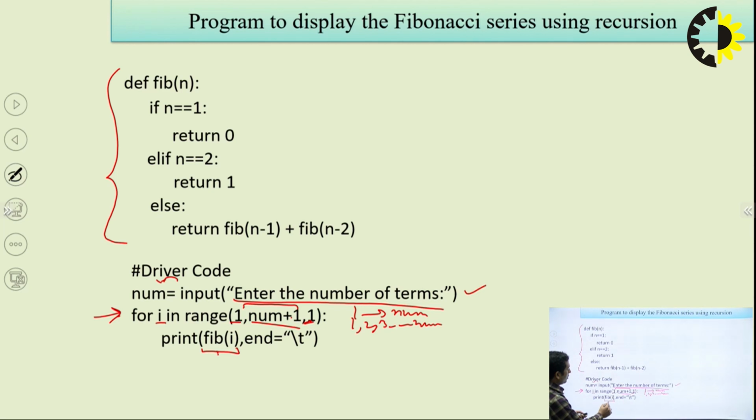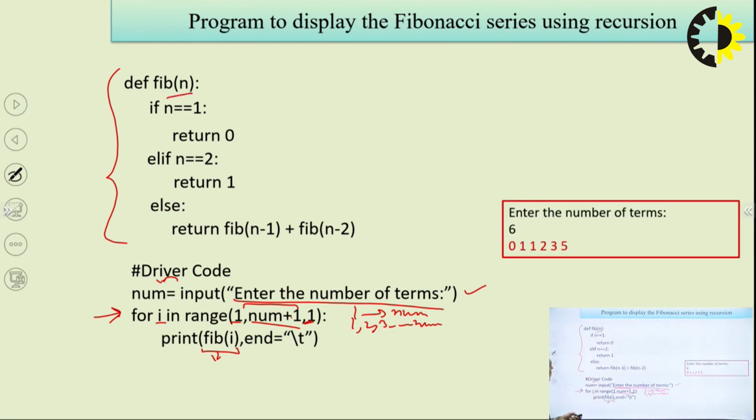Here we call the function fib of y, and this will be called, and we get the result. Just guess, we enter the number of terms, we want 6 terms. So for the 6 terms we will get the output, this one.